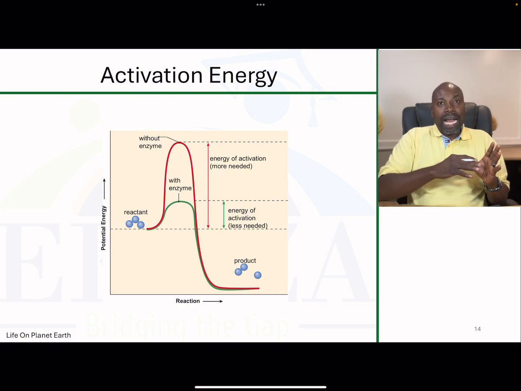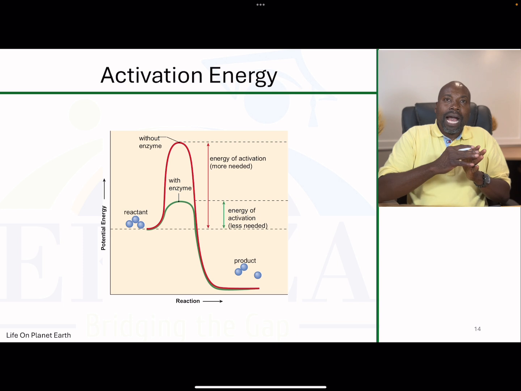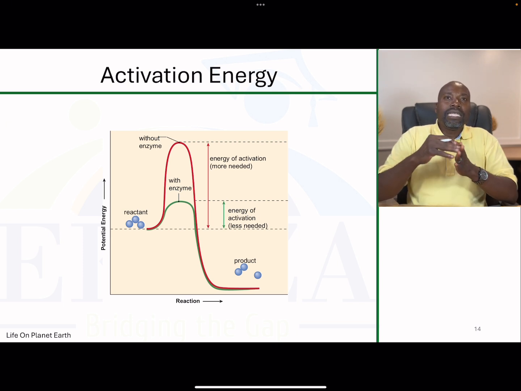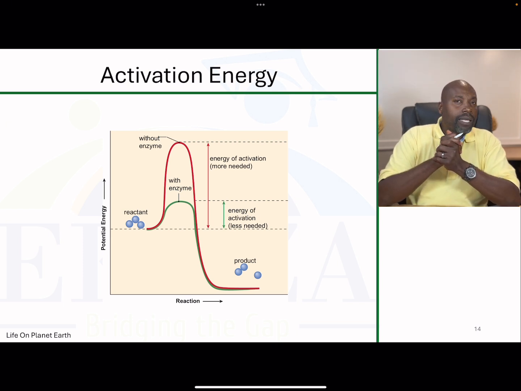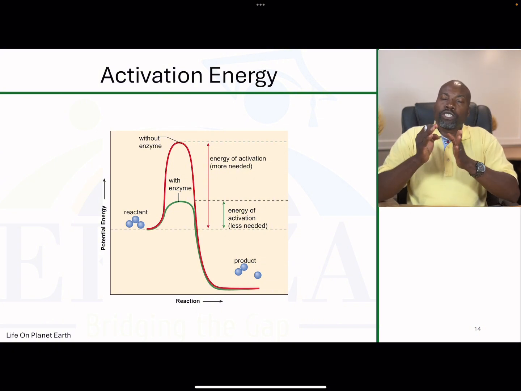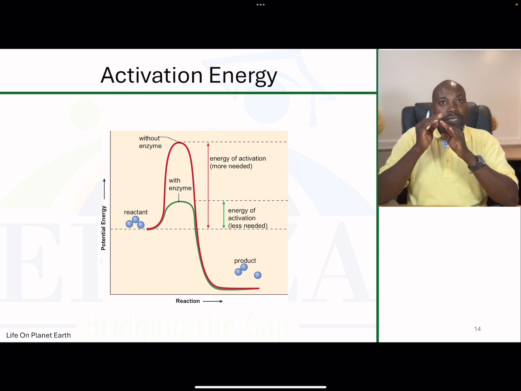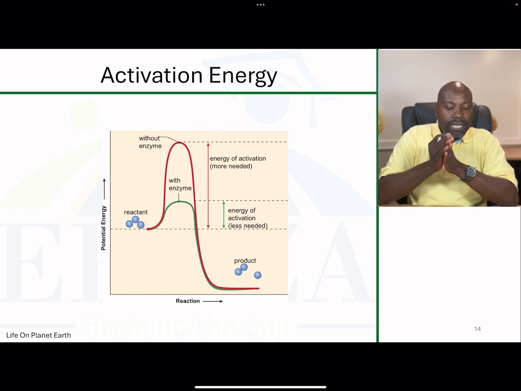Okay, so now the chemical reactions that happen in our cells need energy. That energy for a given chemical reaction is going to be different from another chemical reaction. And this energy that is needed for a chemical reaction functions like price tags in a corporation, right?